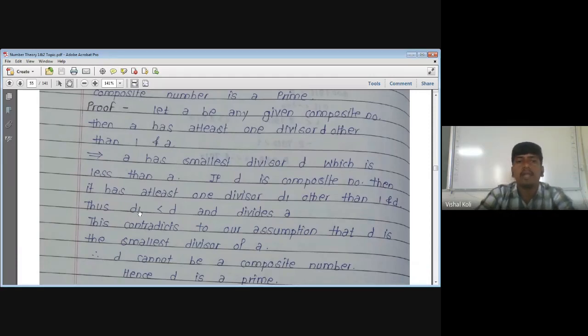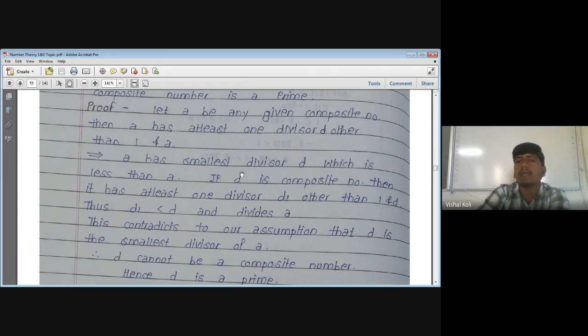As D1 divides D and D divides A, from the transitive property, D1 must divide A. Therefore, we get an element D1 which divides A and is less than D. So D1 is smaller than D. But we have already assumed that D is the smallest element. This is a contradiction to our assumption, since D1 is less than D. This contradiction arises due to our wrong assumption that D is a composite number.